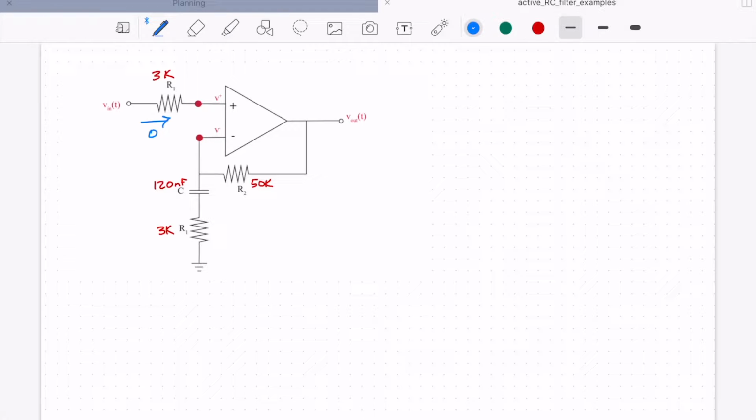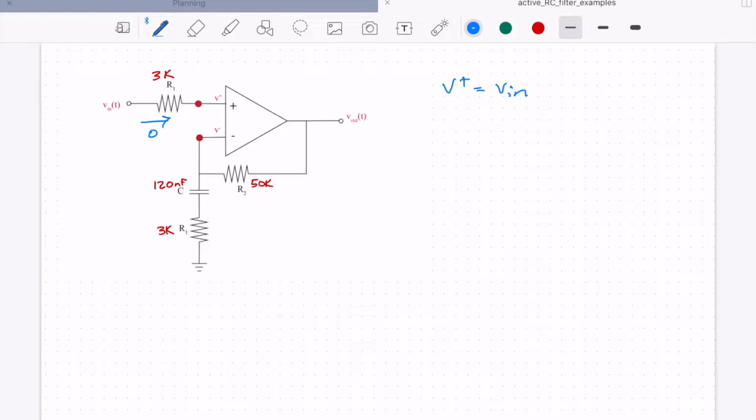The reason that current is 0 is the current here is 0, right? So I could have written an equation and solved it, and it would have told me that Vn is equal to V plus. We do know, by the way, that if the current through that resistor is 0, there's no voltage drop across it, and that will make V plus equal to Vn. But suppose for a moment that we didn't know that, and we just wanted to write an equation.